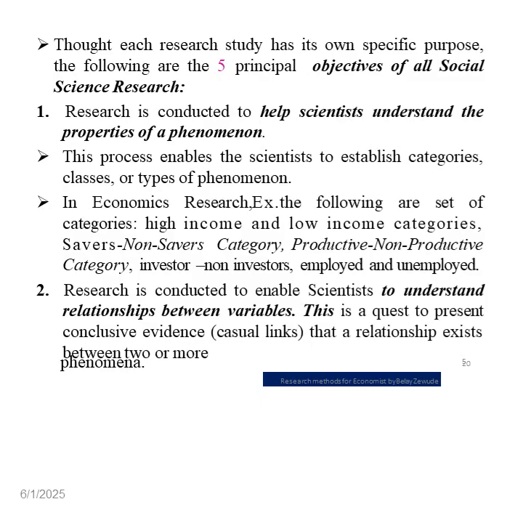In economics research, for example, the following are sets of categories: high income and low income, saver and non-saver, productive and non-productive, investor and non-investor, employed and unemployed. All of these are the result of research.